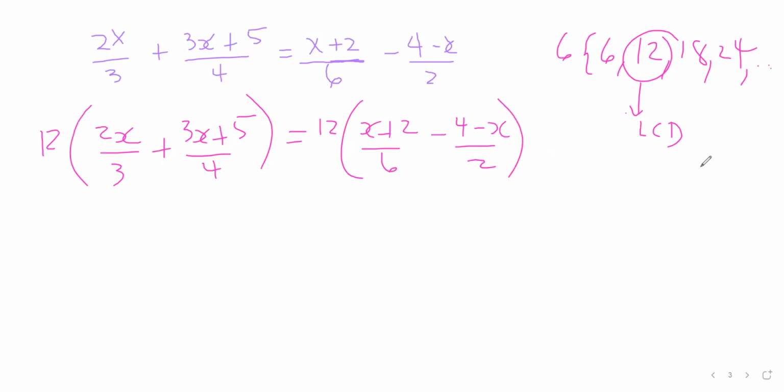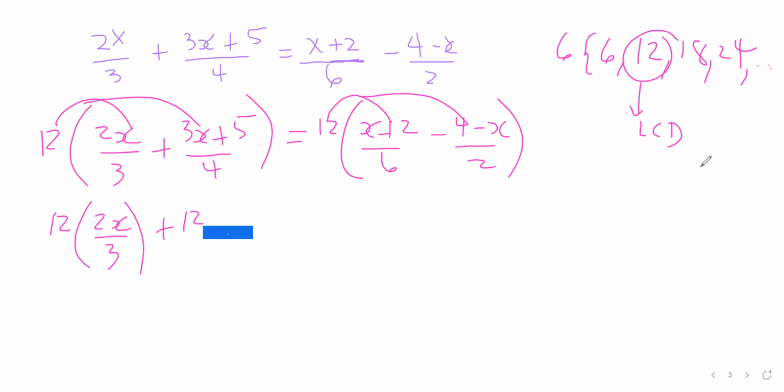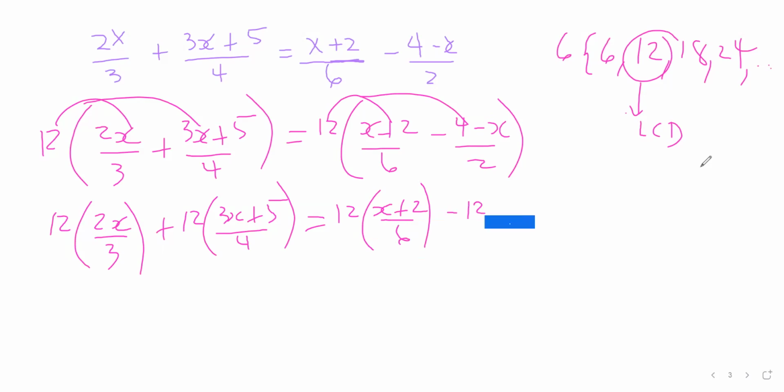So 12 times, I'm using the distributive property, 12 times 2x over 3 plus 12 times 3x plus 5 over 4 equals 12 times x plus 2 over 6 minus 12 times 4 minus x over 2. So each term is getting the 12.